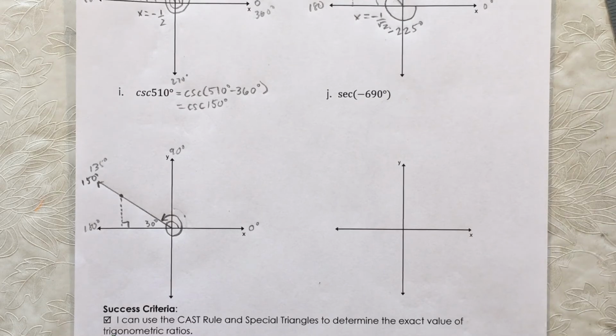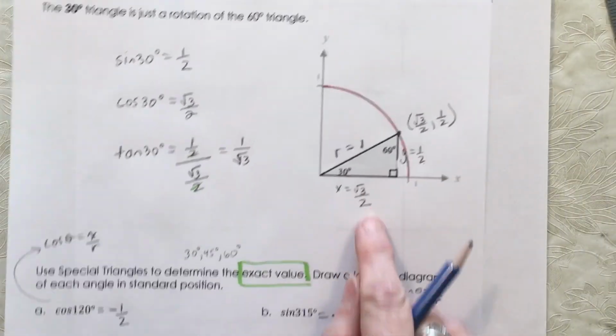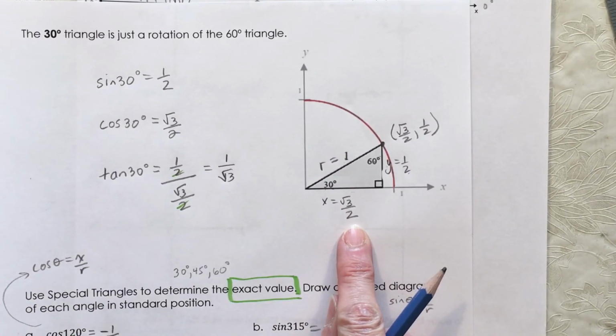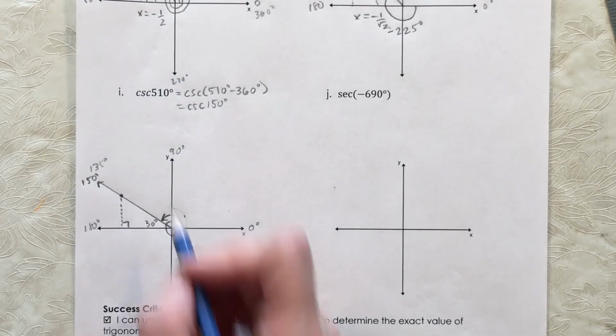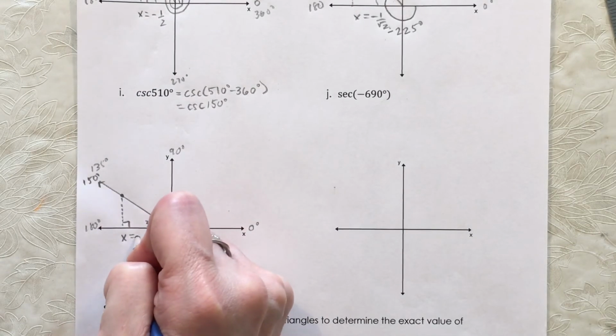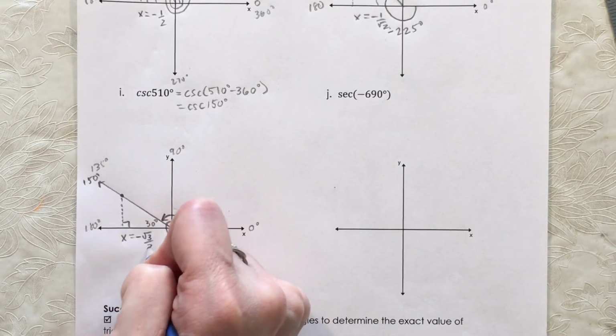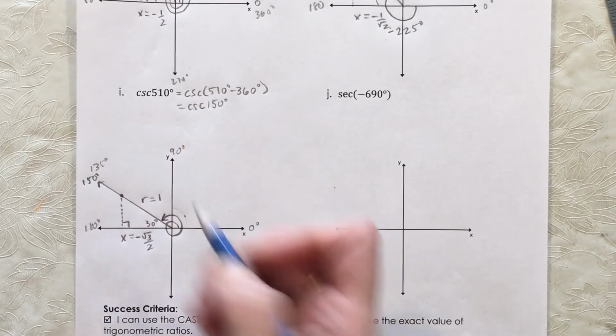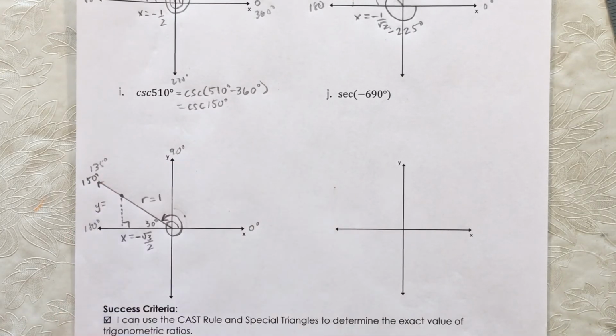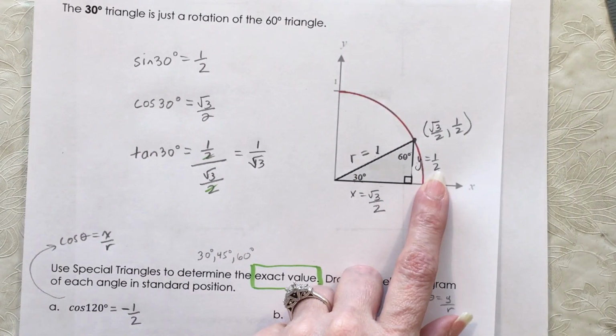And so for the 30-degree right triangle, the x is going to be either positive or negative root 3 over 2. So in the second quadrant, it makes sense for x to be negative root 3 over 2. R is 1. And the y value, it makes sense for it to be positive because you'd be going up, and 1/2.